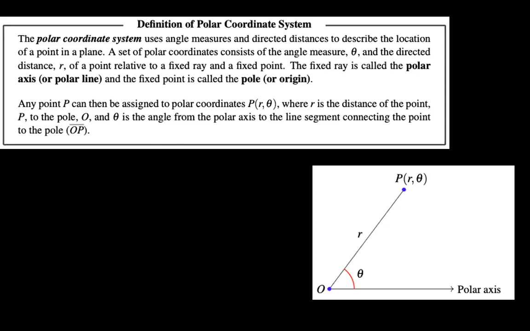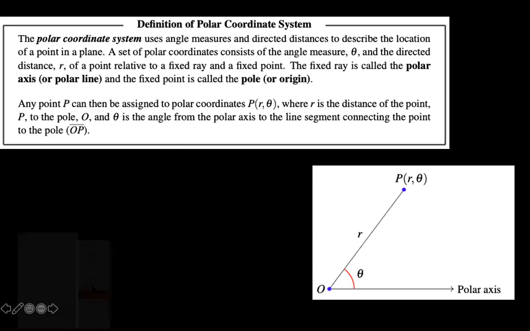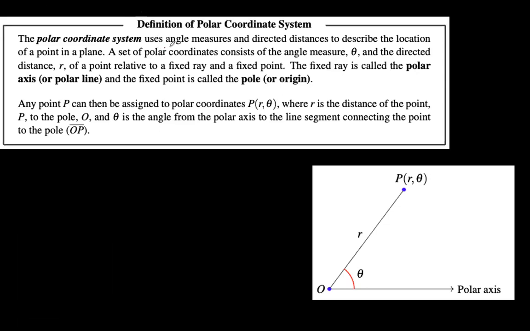Now, it says here, guys, that it uses angle measures and directed distance to describe the location of the point on a plane. So in a polar coordinate system, we're still using the complex number. However, instead of using the a and b, we're using the argument and the radius.